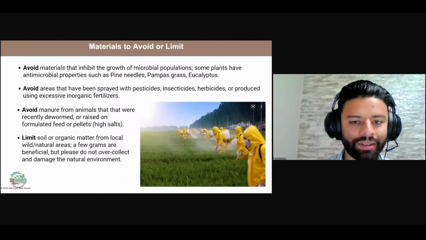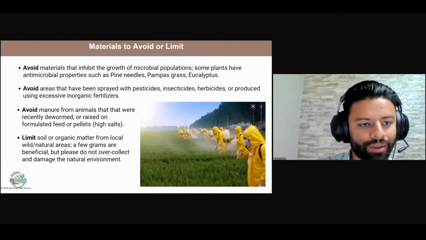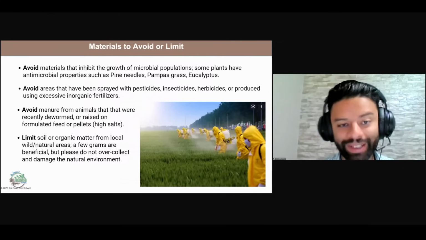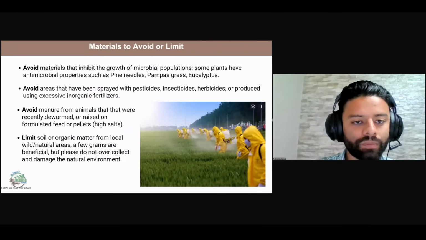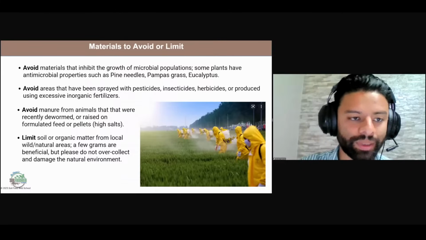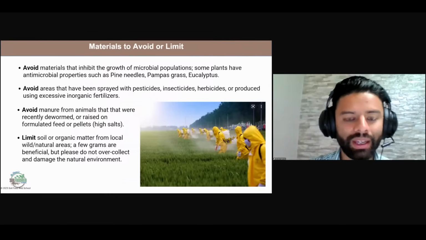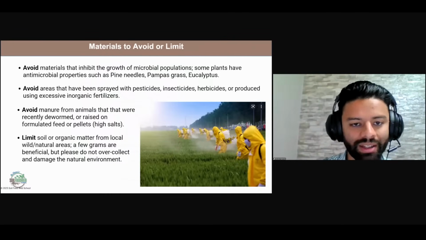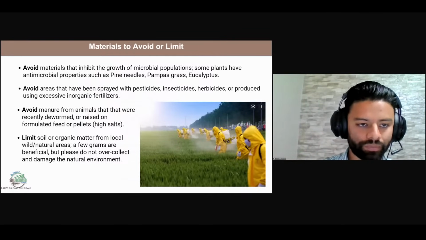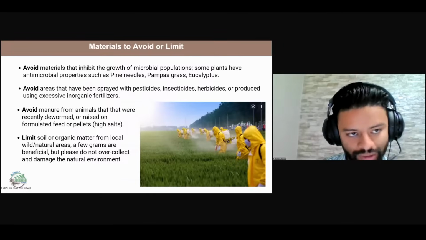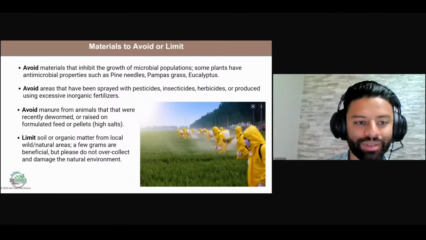There's a couple of materials that we also want to avoid or limit, since we are cultivating soil health and our health in general. We have to be careful of which materials we use. For example, if we know that the materials have been sprayed with pesticides, insecticides, herbicides, or have been produced using excessive inorganic fertilizers, we know that all those things can affect the biology.